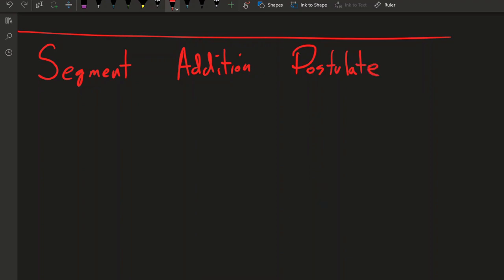For this example, I want you to think of a ruler. So let's make a segment here. We'll say this is segment AB, and pretend that it's a ruler. That means that this would be 12 inches. Now what if I took that ruler and I broke it into two pieces?